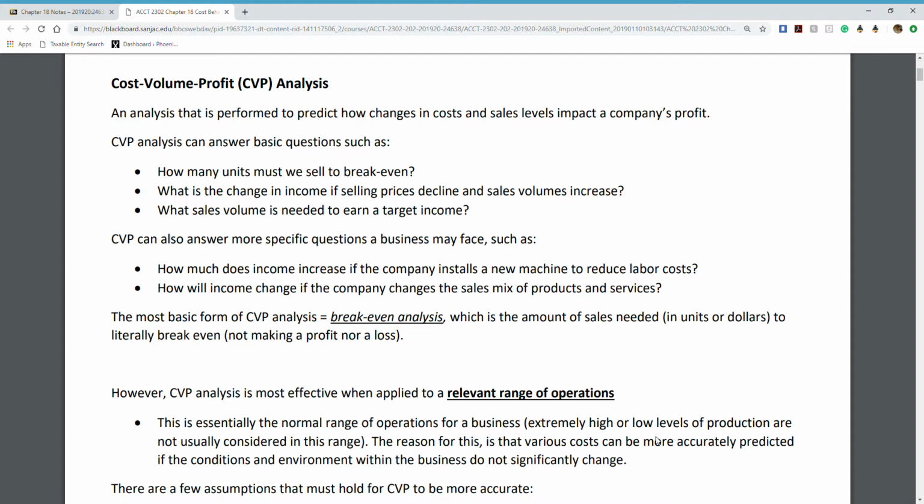If we sell multiple products, can the income change because of that? Most of this chapter we're going to do with one product until we hit the sales mix, but you get to see how this process goes.